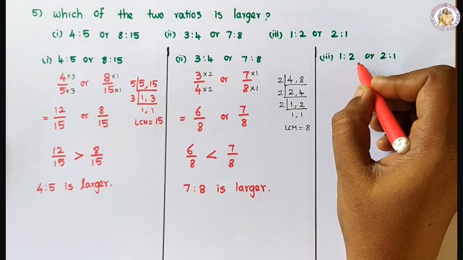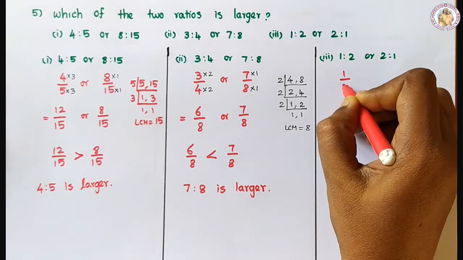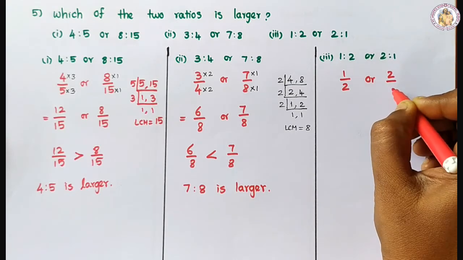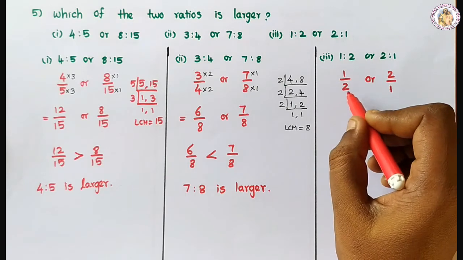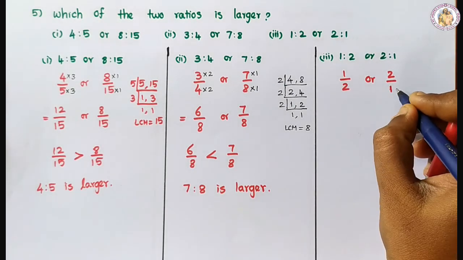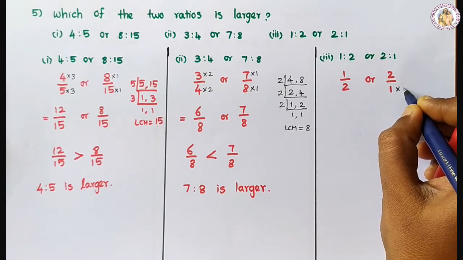Next is sum 1 is to 2 or 2 is to 1. Write down in fraction form 1 by 2, here 2 by 1. Take LCM means we get 2. We know that. So here 2 is there. What number we have to multiply with 1 to get 2 means 2.